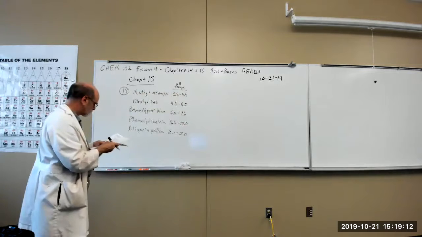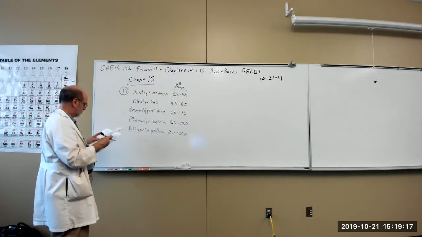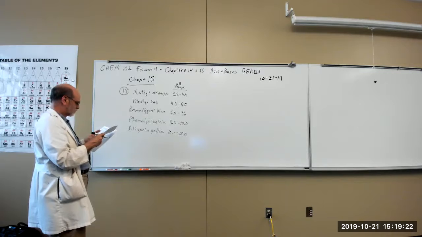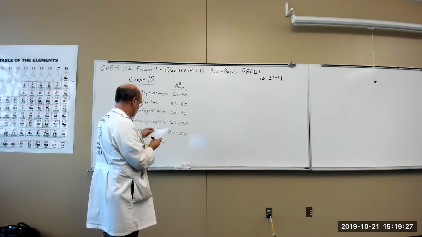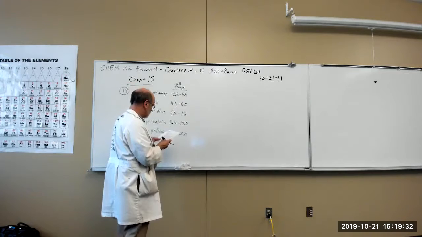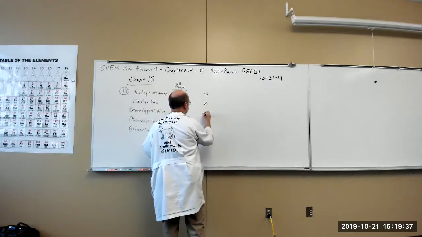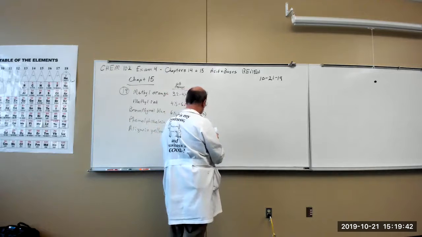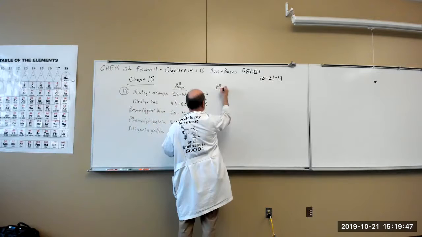All right. Suppose you have the equivalence of your reaction. I'm just going to give it to you. You have these choices, A through E. This reaction, the equivalence is at pH 7.